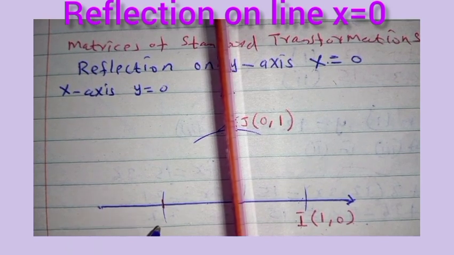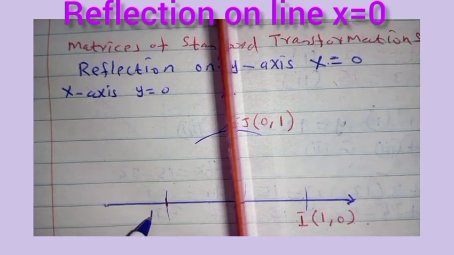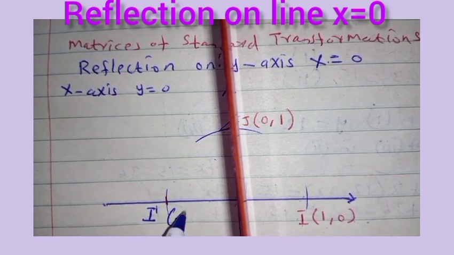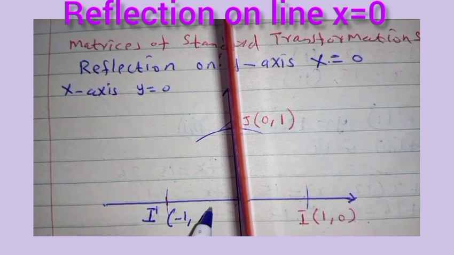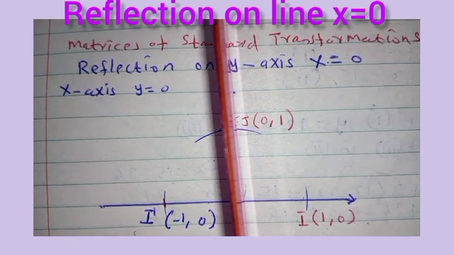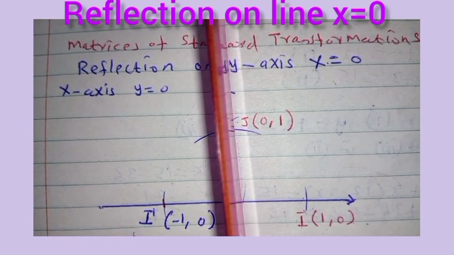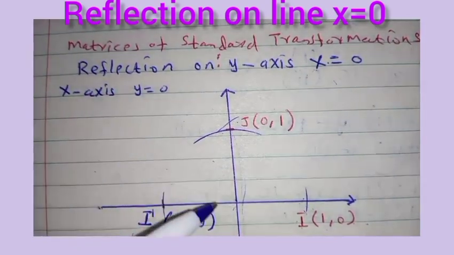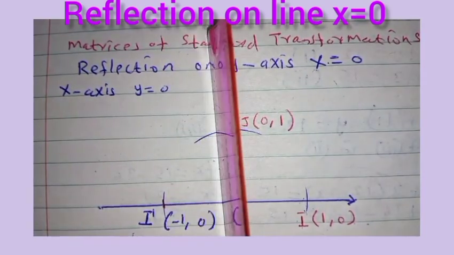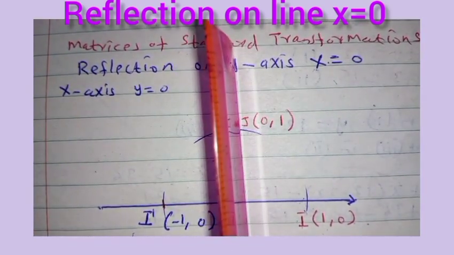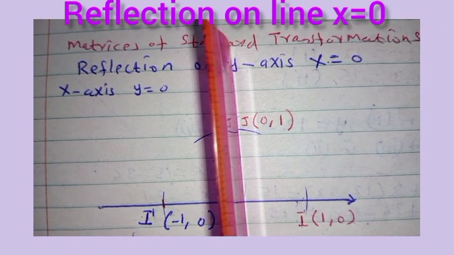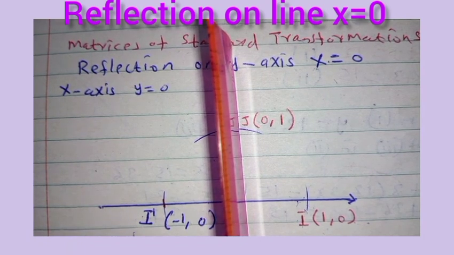So here the image will be here, and we are going to have what is called I prime. You can see clearly this side is negative 1 unit, 0, I prime. So that is the image of I along the y-axis. As our mirror there, the image is 1 unit away from the object on this mirror line.